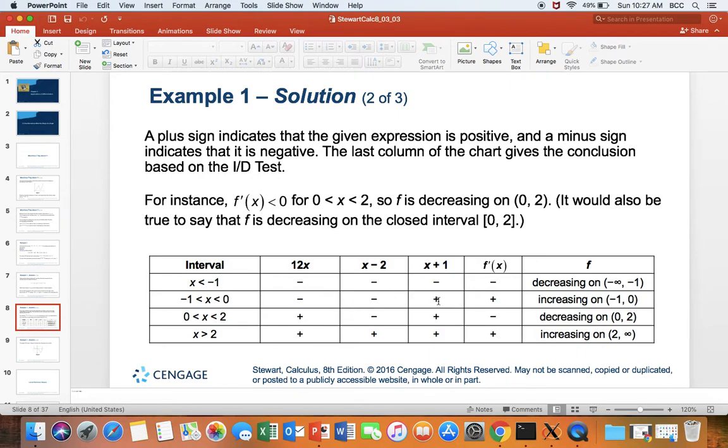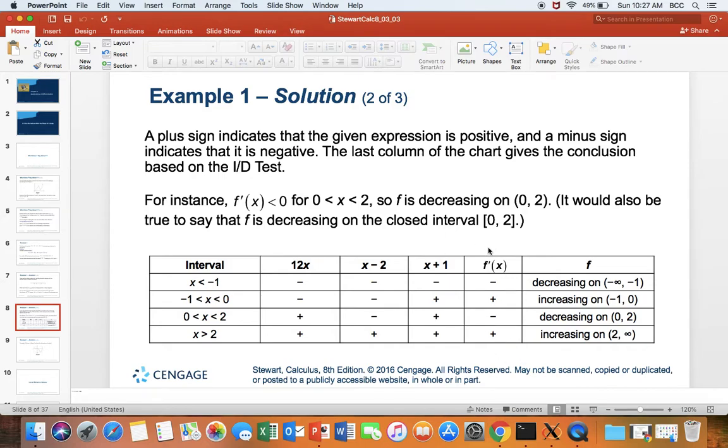Negative, negative, positive is a positive. Between 0 and 2, take a number, say 1: positive, 1 minus 2 is negative, 1 plus 1 is positive, so the product is negative. Greater than 2, say 3: positive, positive, positive, so positive.